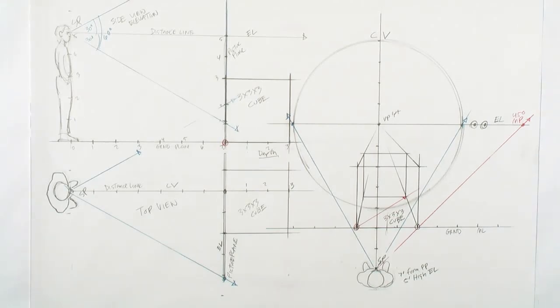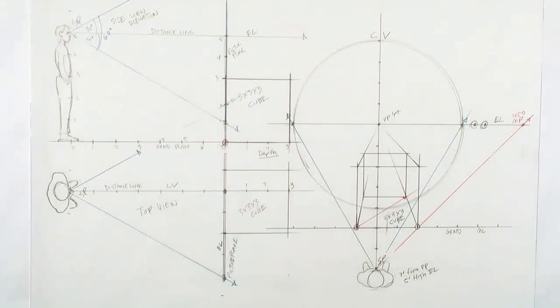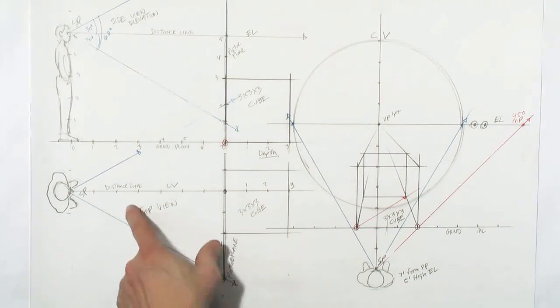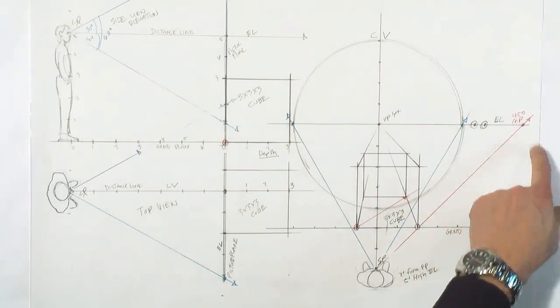So, again, side view, 7 feet away, 5 foot high of a 3 by 3 by 3 cube. On top of a top plan, same thing, shows the cone of vision projection and everything. The 45 would actually be going out to here, but we don't need to show it because we're showing it here.